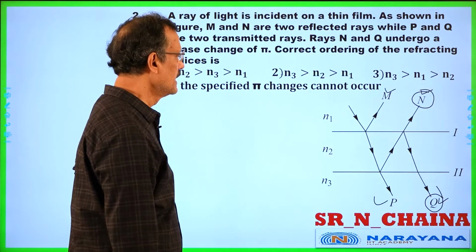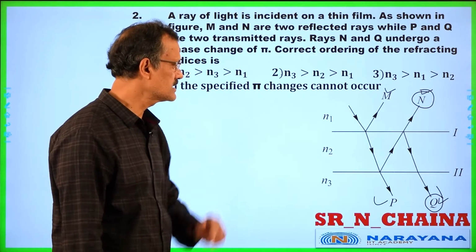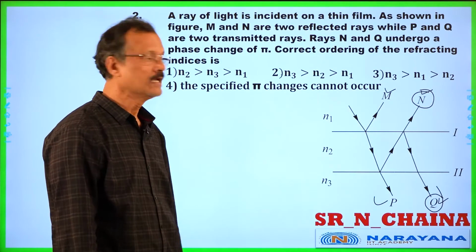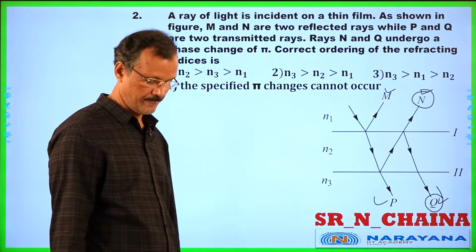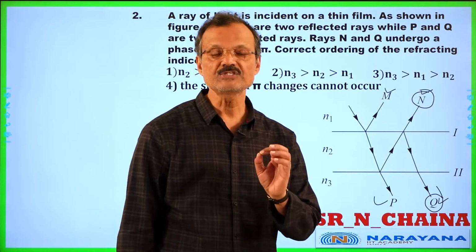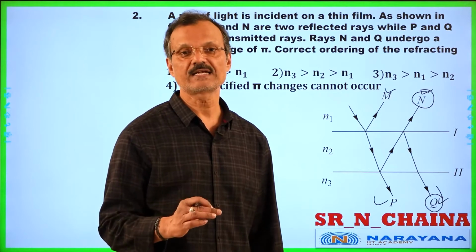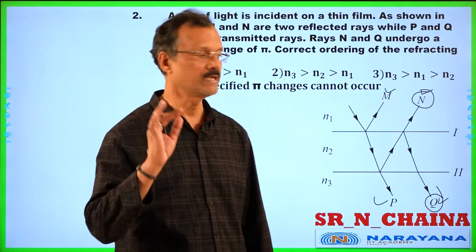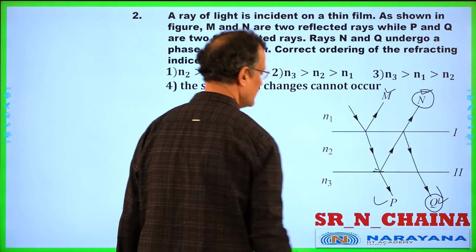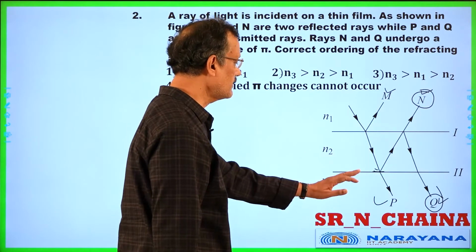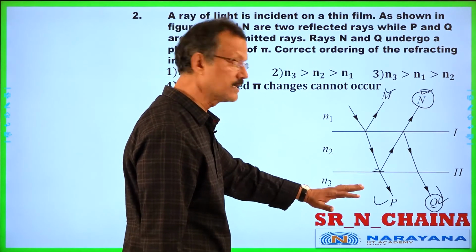Okay. Let us concentrate on N. If you concentrate on N, it is going for a phase change of pi. You know that phase change will occur when a ray is reflected from a surface backed by denser medium. So it is reflected here, and it is reflected by a surface which is backed by denser medium.